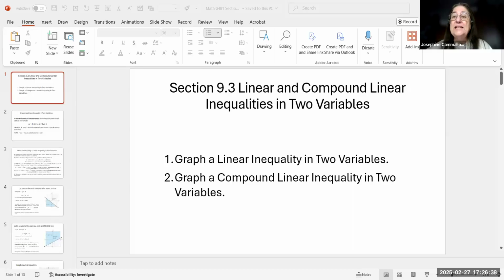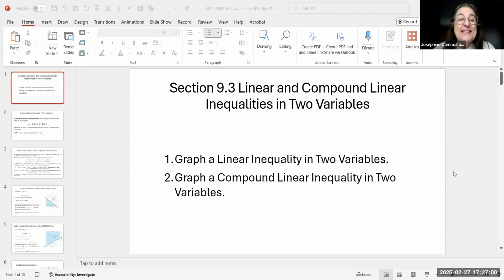Welcome to the last section of Chapter 4. Now, this is a section that we do in this Chapter 4 area because we have been talking about graphing, and we are going to be graphing some linear inequalities.